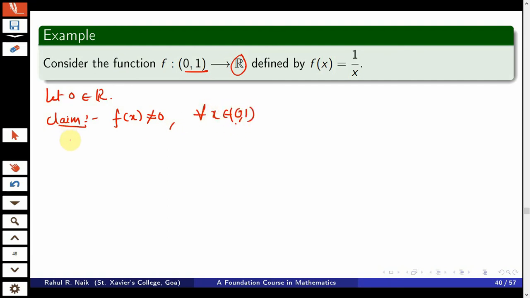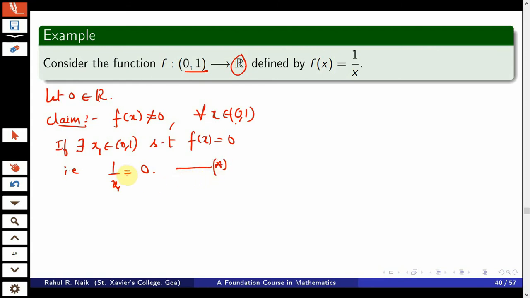We show this by contradiction. If there exists, say, x1 in (0, 1) such that f of x1 is equal to 0, then we are expecting to get an absurd result. That is, 1 by x1 is equal to 0. This is what we have.